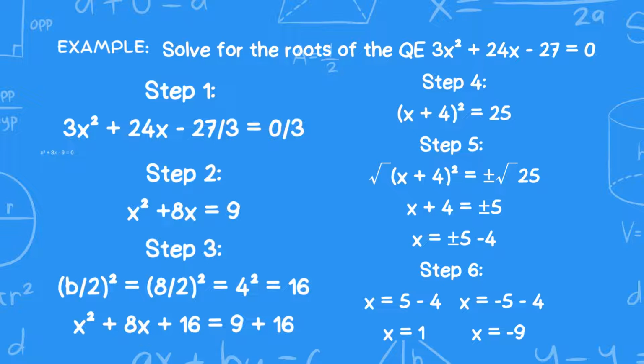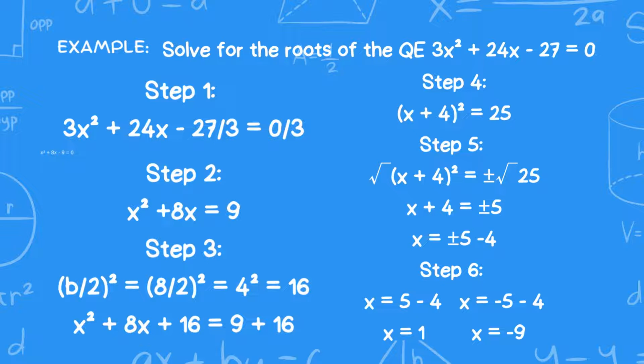For step 5, all we need to do is find the square root of both sides of the equation. The square root of x plus 4 squared is x plus 4, and the square root of 25 is positive or negative 5. For step 6, all we need to do is solve for the resulting linear equations.